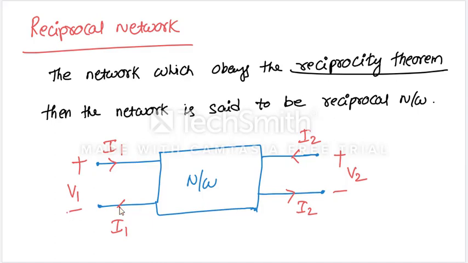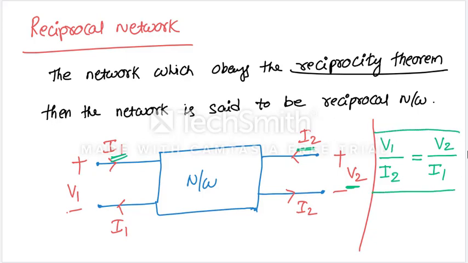If I apply V1, then I2 at the other port is the response. So V1 by I2, excitation to response, when we apply supply voltage V1 and I2 is the response, must be the same as when you apply V2 as the supply excitation and I1 is the response, that is V2 by I1.